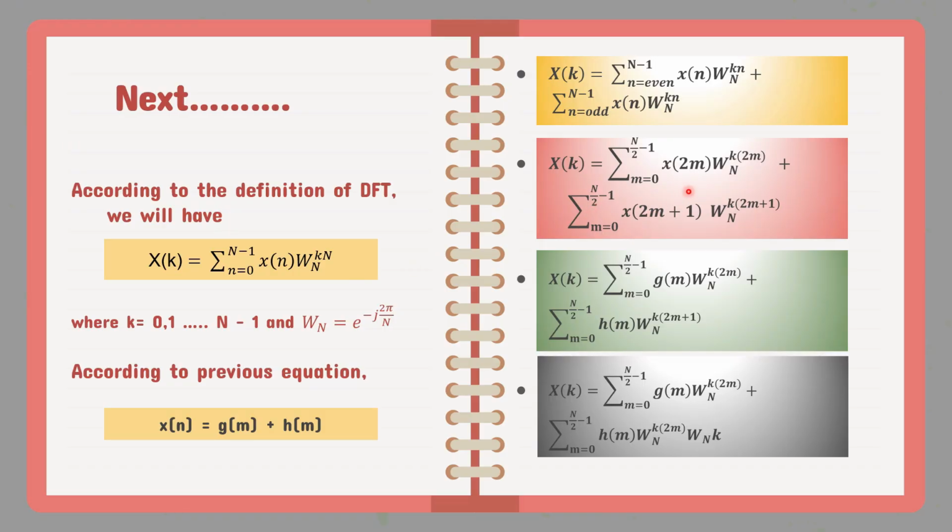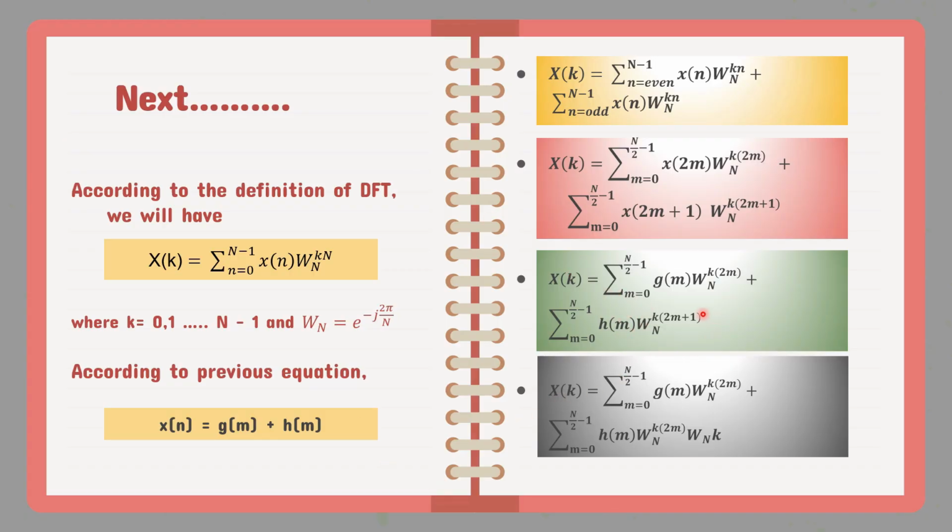And now we will replace the n on the even side with 2m, while the n on the odd side will be replaced by 2m plus 1. Then we will replace x[2m] with g[m] and x[2m plus 1] with h[m].